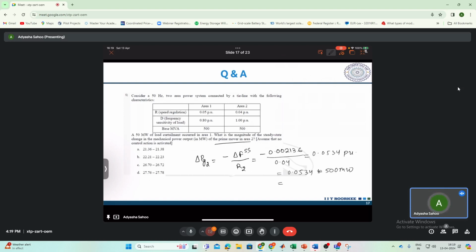That gives me 26.7. So this is minus 26.7 megawatt. That is option C.